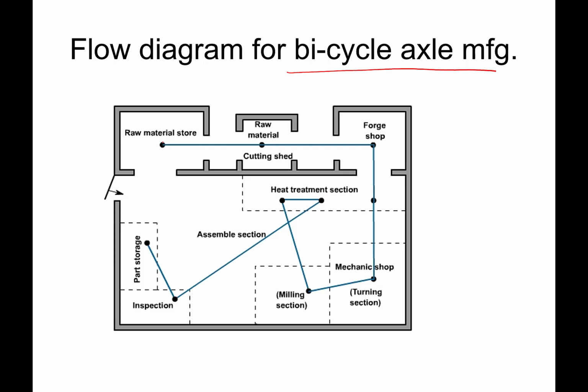This material is taken from the raw material store, then brought to the raw material cutting shed, and then it goes to the forging shop, then to heat treatment, and then turning, and then the milling section, then from milling again to heat treatment, and finally inspection.